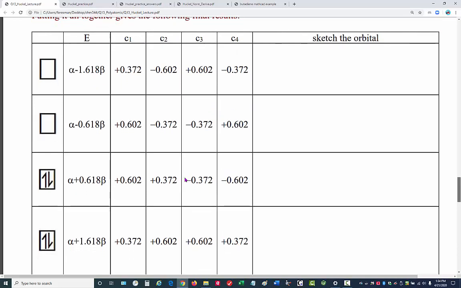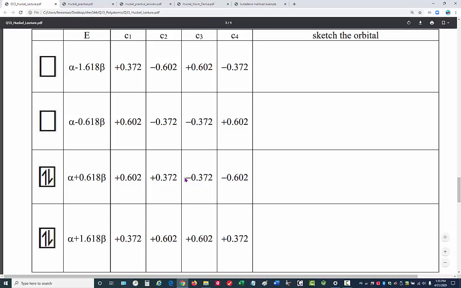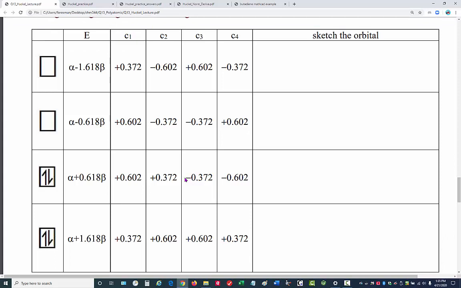And here I've repeated the energy in this column that's coming out of the Huckel theory. I've shown that we've got the lowest 2 occupied with electrons. These 2 are unoccupied. And the coefficients are all, these are the numbers that you get by filling in x for the different coefficient expressions I just showed.